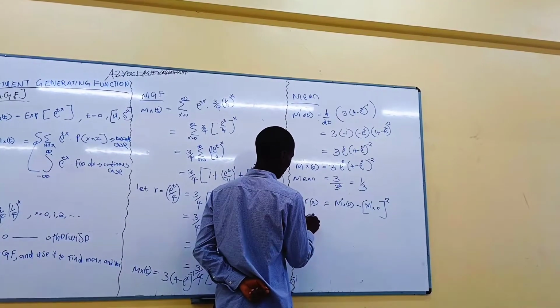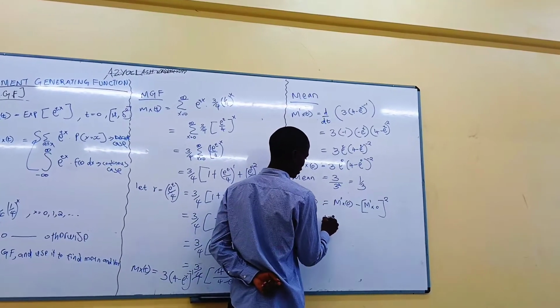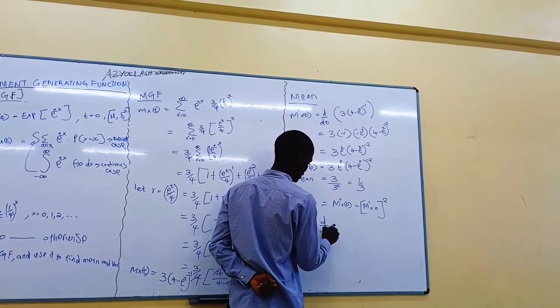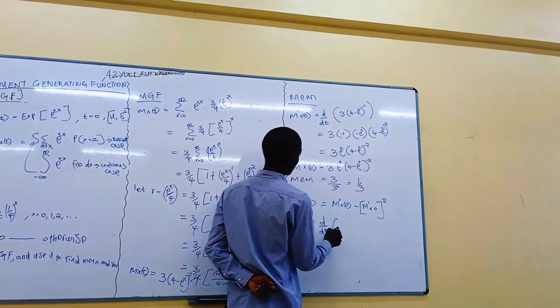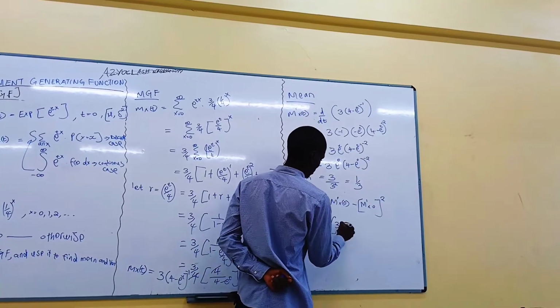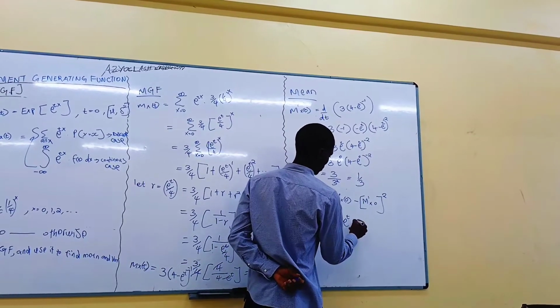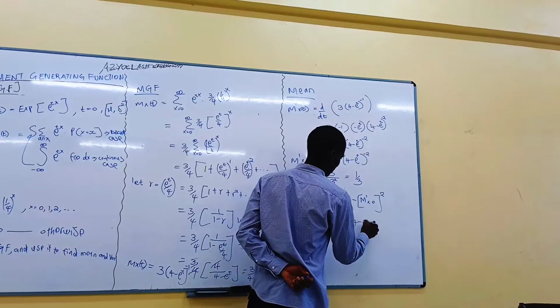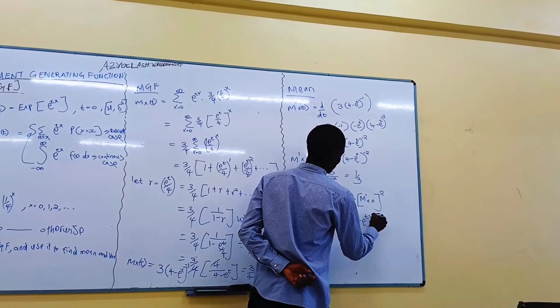So the second derivative is going to be d over dt of the function 3e^t (4 minus e^t) raised to negative 2.